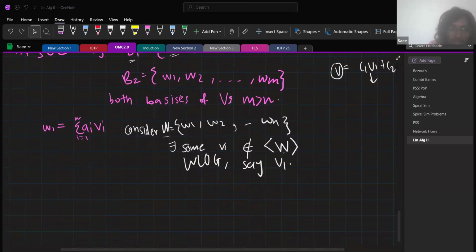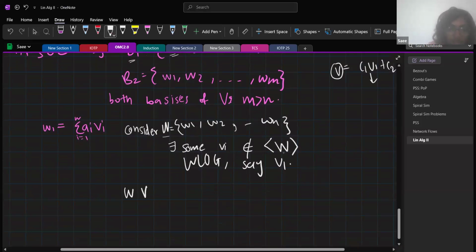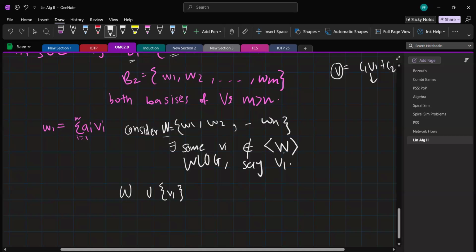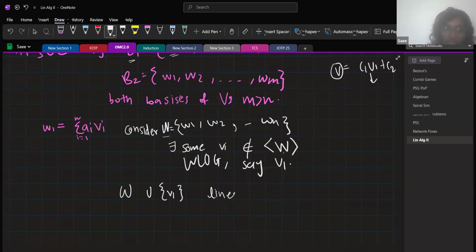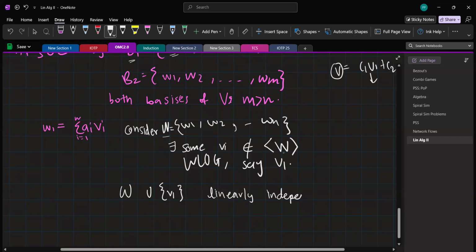So what do we know about W union V1 now? It may be a basis, I mean, it depends on how close M and N are. It will be linearly independent for sure, though, right? Why is that?